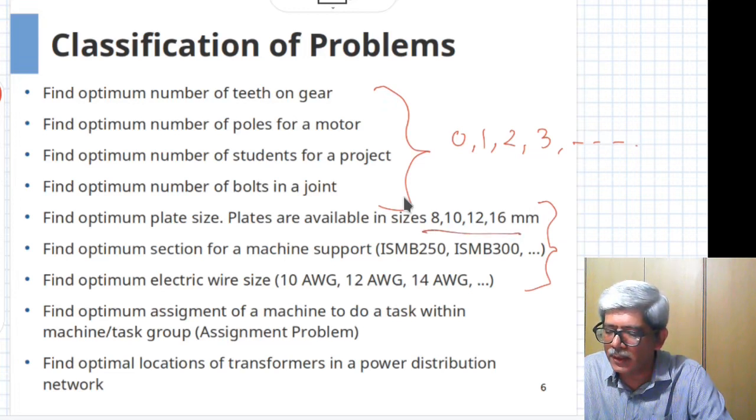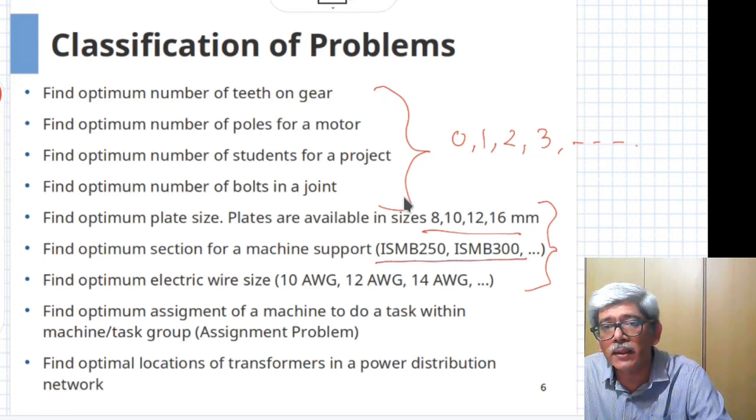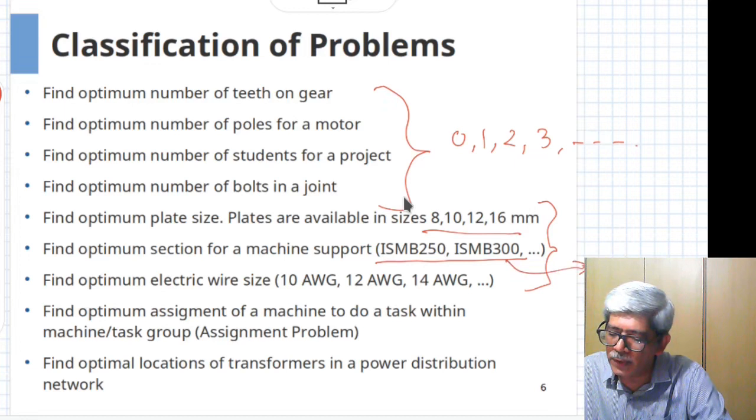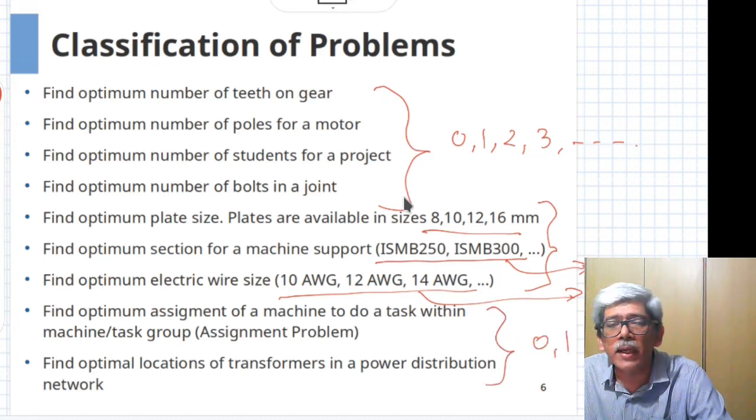Like in the first case, they are integers, but they are not continuous integers. In the second case, they are some standard tags and they need to be converted or enumerated into integer values. The third case also has some sort of tags which need to be taken care of. So that is the second class of problem, and the third class of problem is where your variables can take either 0 or 1.